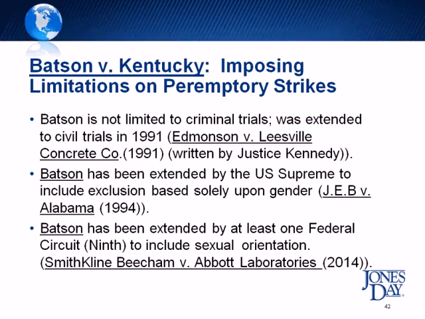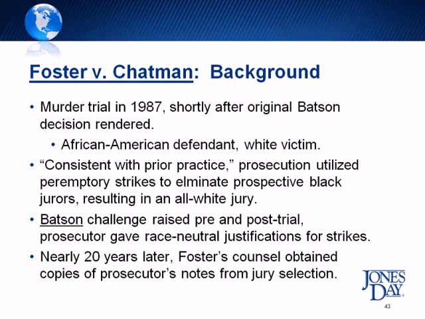And then Batson was extended in 1994 to include exclusion based on gender, the J.E.B. case. Interestingly enough, that's a case where men were being excluded from the jury. The same equal protection rationale was utilized in those cases. And then there's been at least one federal circuit court in the last couple of years that has extended that rule to sexual orientation. Well, that brings us to Foster.